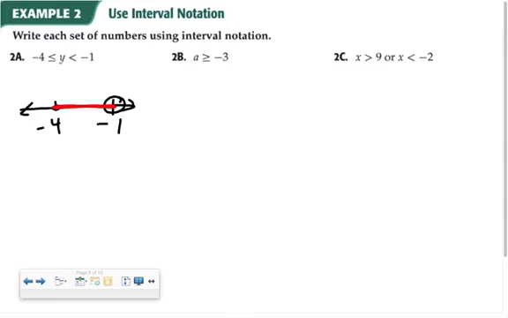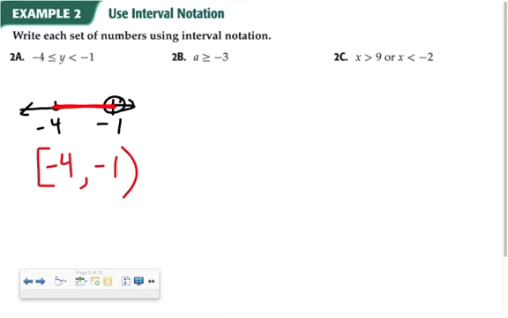So when you're writing a set of numbers in interval notation, what you're doing is indicating the start value and the end value. And if the start value is inclusive, we use a squared off bracket. So since my start value is -4, that's the first number I write down, and then a comma, my end value is -1, but it can't actually equal -1. It's not inclusive. So we notate that with a parentheses. And that's interval notation.